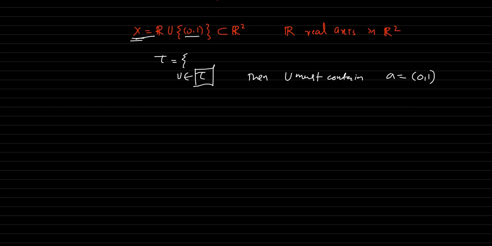Now, is this a Hausdorff space? This is the question. We know that a topological space is Hausdorff if for each pair of distinct points A, B in X, there exist two disjoint open sets such that A belongs to U and B belongs to V. So I am taking the first point A equal to (0, 1).